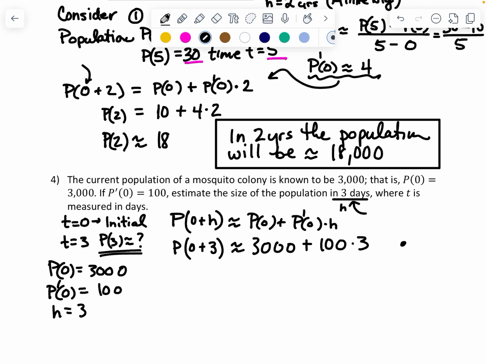Okay, so in 3 days, this is our approximation. So p of 3 is approximately 3,300. And that would be 3,300 mosquitoes, right? In just 3 days.